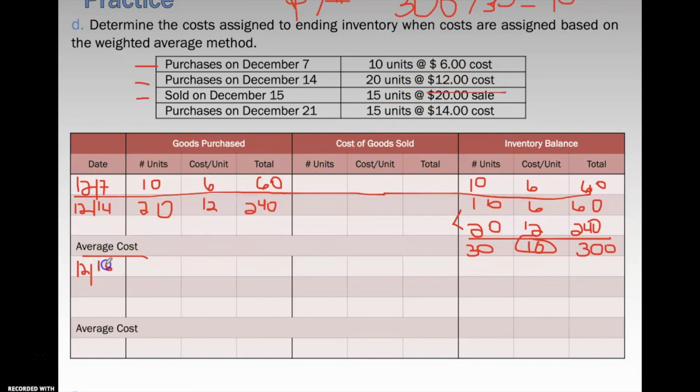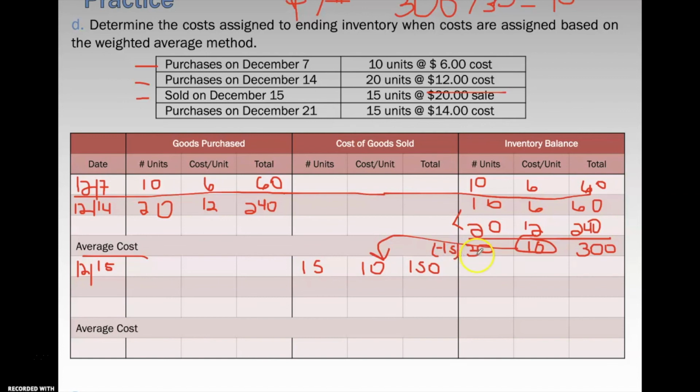The cost would be the average right here, this $10. So 15 times 10 is 150. Okay, what do we have left? We just use this bottom part, we just sold 15 from here.